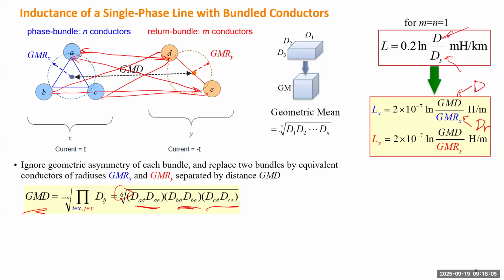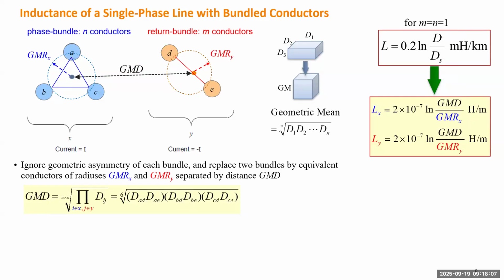Okay. Similarly, we can use the same formula to calculate GMR. GMR will be the average of all distances belonging to just one group, not considering the other group. For instance, if we want to calculate GMR X, how many distances can we generate within group one?